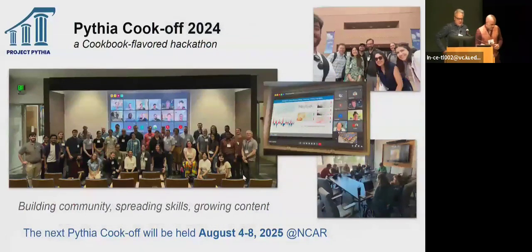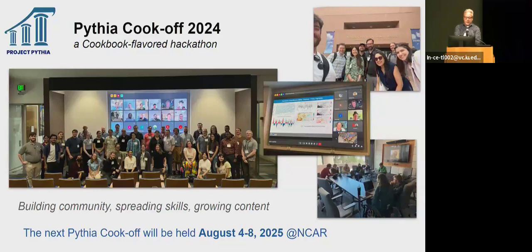So we used the infrastructure on Jetstream2. We've done this now for 3 years in what we call a Pythia cookbook hackathon. We call it a cook-off. Participants from across the country, from all levels, from undergraduates all the way through scientists, come and create content for our Pythia cookbook gallery.